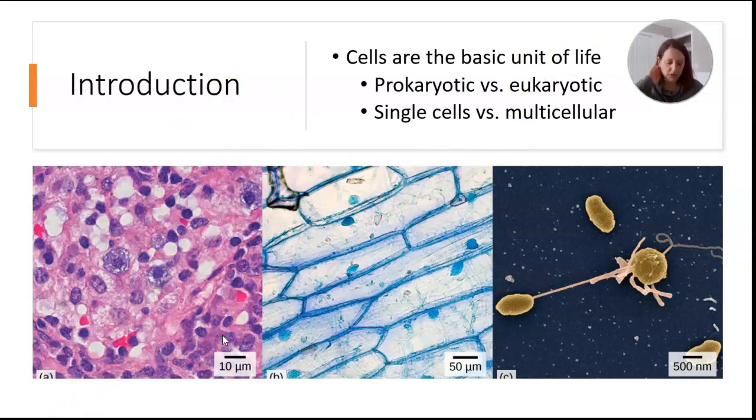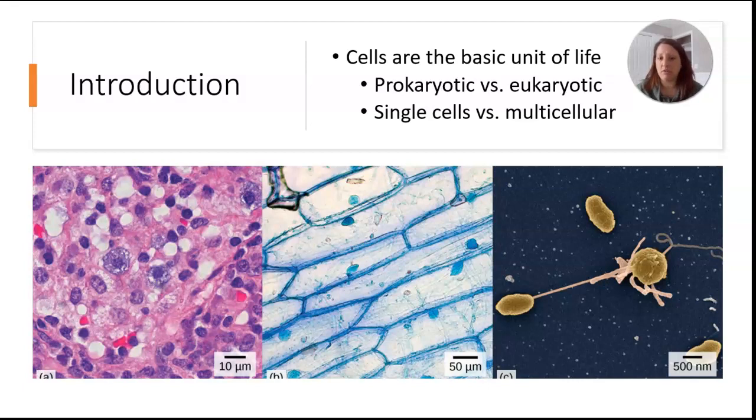Okay, and so I just want to briefly talk about prokaryotic versus eukaryotic cells, and we've already really talked about this, so you should have a good foundation. We're going to talk about this more throughout this chapter, but prokaryotic, pro means before and kary means nucleus. So prokaryotic organisms are going to lack a membrane-bound nucleus and other membrane-bound organelles.